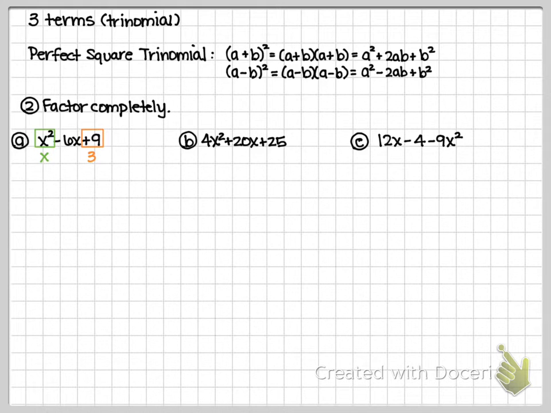Okay, now here's the rest of my pattern. I am going to multiply those two square roots together. So that's going to give me a 3x. Then I'm going to double it, so I'll times this by 2.